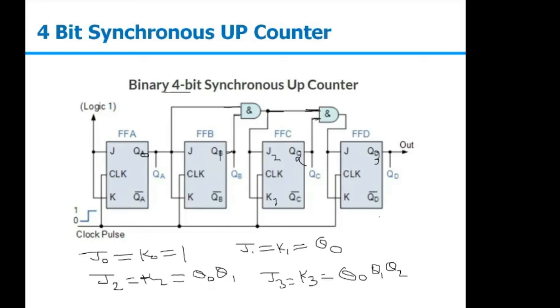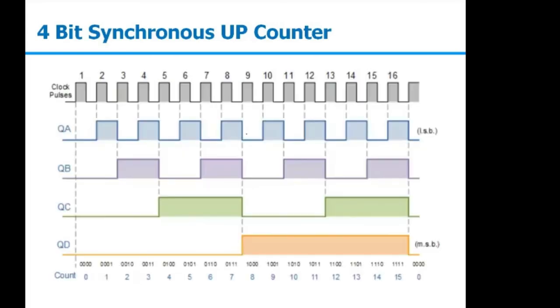So if you will see the timing diagram of this 4-bit synchronous up counter, this is the clock and my circuit is working at the positive edge. Let initially all the outputs be in the reset condition. So if you remember, what was my J naught K naught?